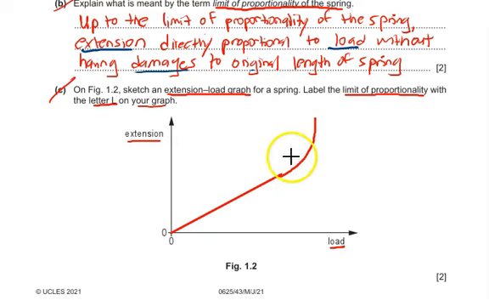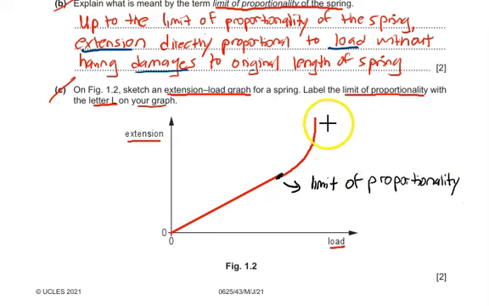Okay, so this is the permanent damages. So you can draw a straight line, and you can point this point as your limit of proportionality. Okay, so here is where the spring breaks.